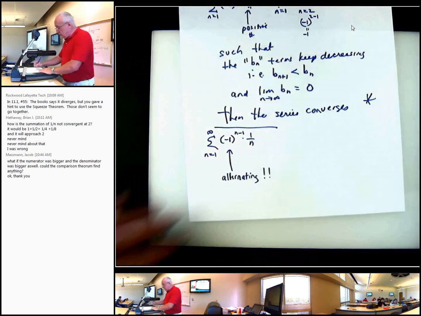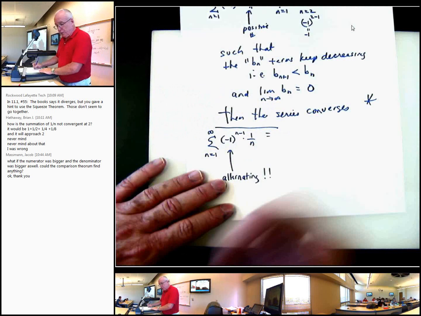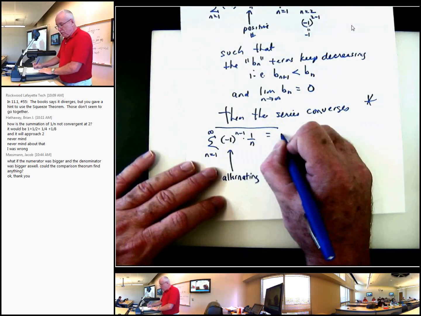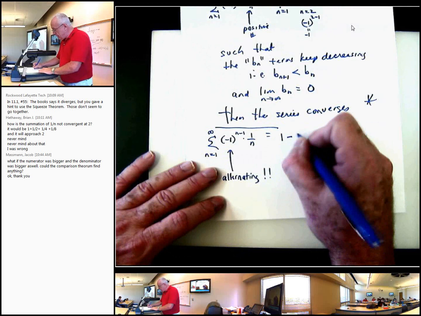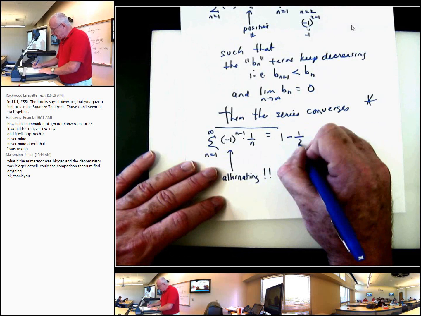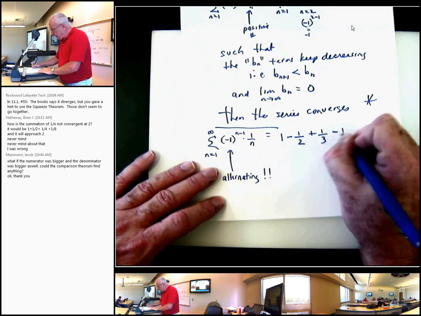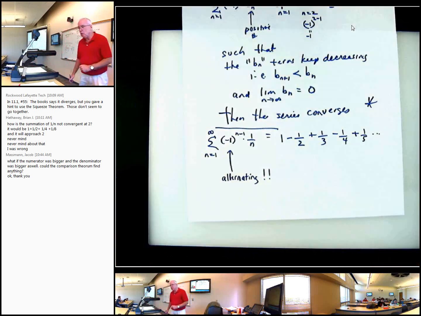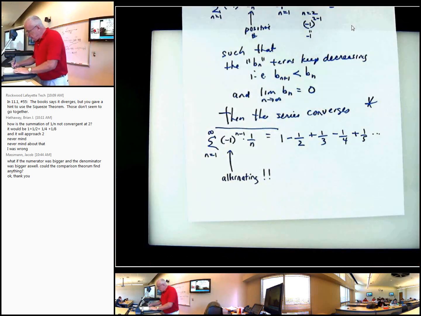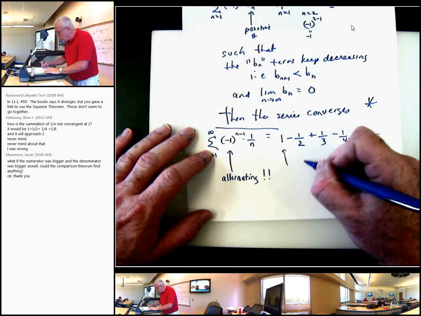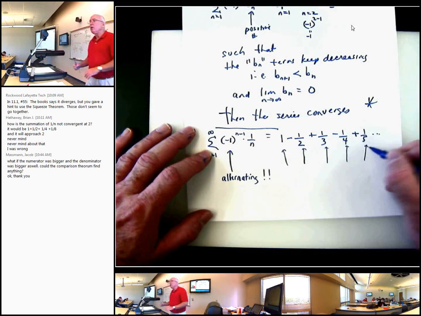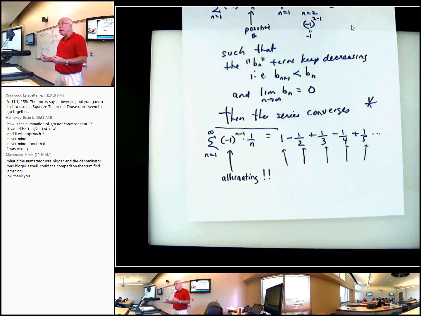So what this thing looks like then, if we just look at the first few terms, the first term is going to be a positive 1 over 1, or 1. Then we're going to go negative 1 over 2, positive 1 over 3, minus 1 over 4, positive 1 over 5, etc. These terms here, 1, 1/2, 1/3, 1/4, 1/5, those are the terms of the harmonic series, right?